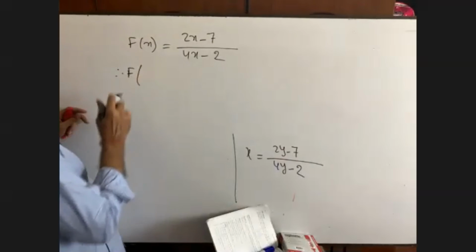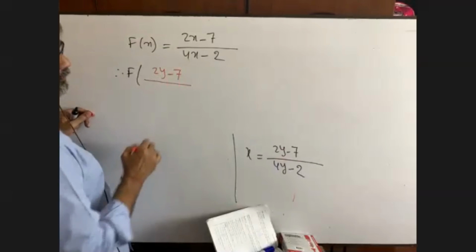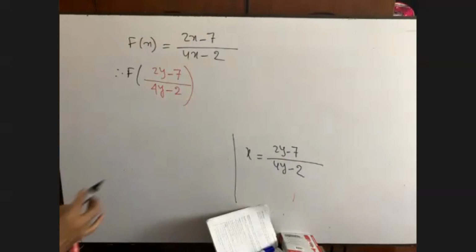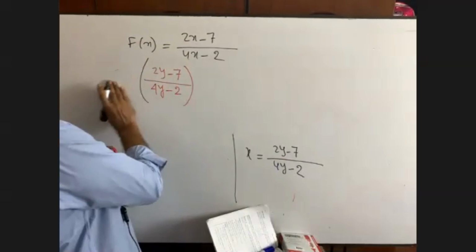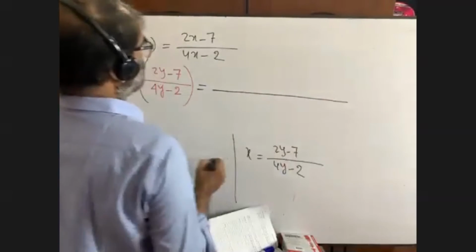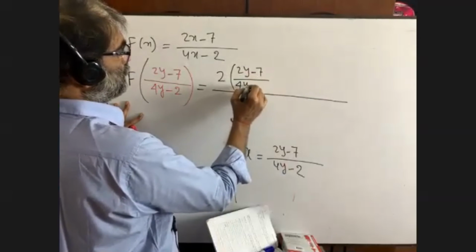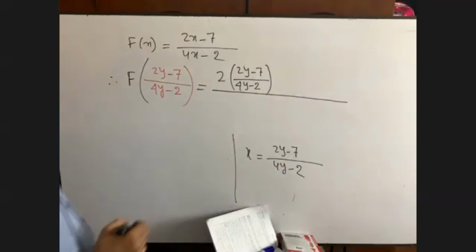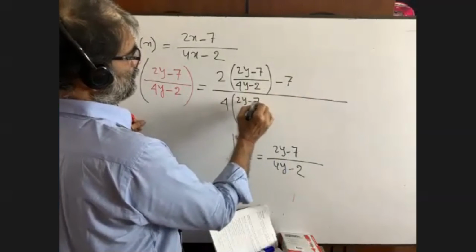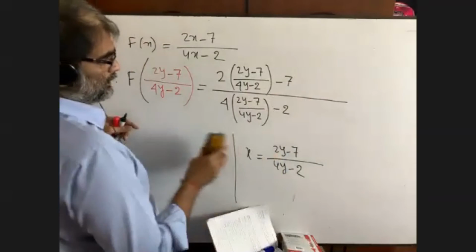Therefore, f of what is the value of x? 2y minus 7 by 4y minus 2. f of this is equal to, you put the value into this, that is 2(2y minus 7) by (4y minus 2), that is 2x minus 7 by 4x minus 2. Okay, now please calculate it.